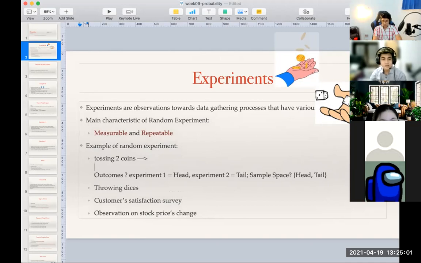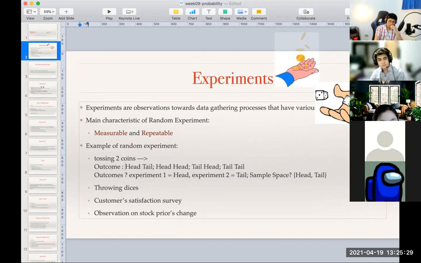Head, tail; then head, head. I write it with a semicolon here to show another experiment, right? Is there another or just this? Tail, head. And tail, tail. Yeah, this is for the outcomes here. It's correct.